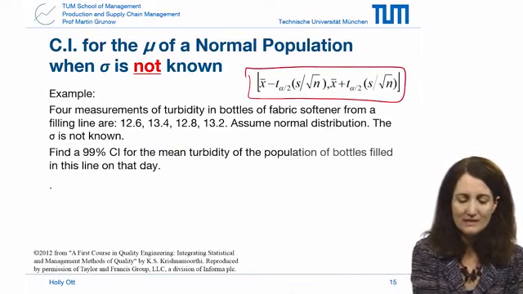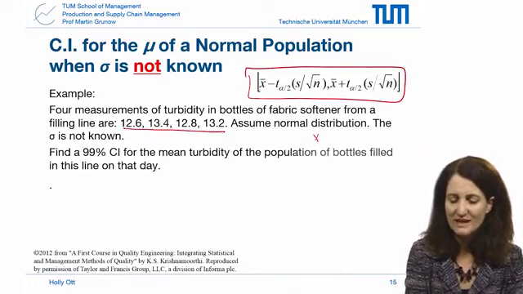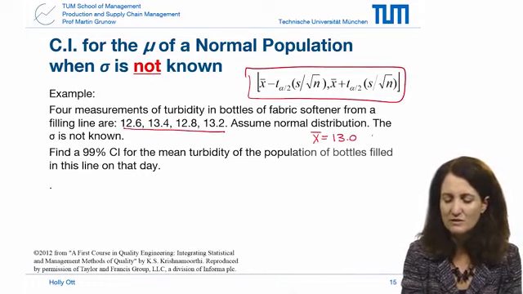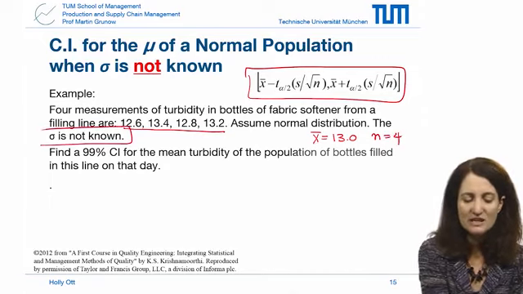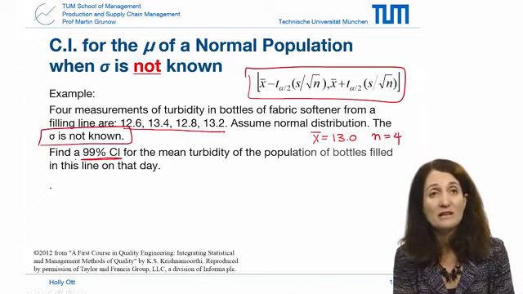If you have the same 4 turbidity measurements, remember that X bar was equal to 13.0, n is equal to 4. Sigma this time is not known.